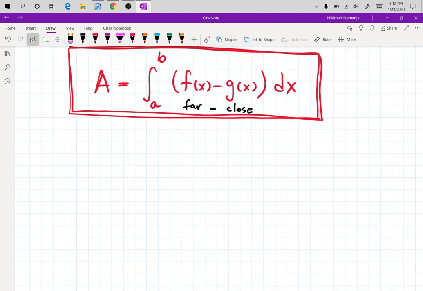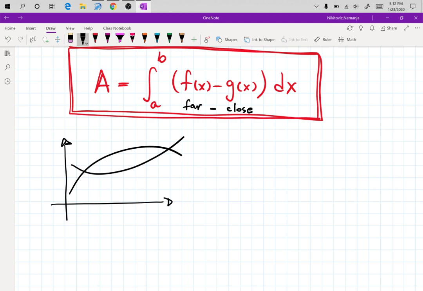Look how powerful that concept is. If I have two graphs and I have f on top and g on the bottom, when you start measuring from the x-axis, here is your far and here is your close.